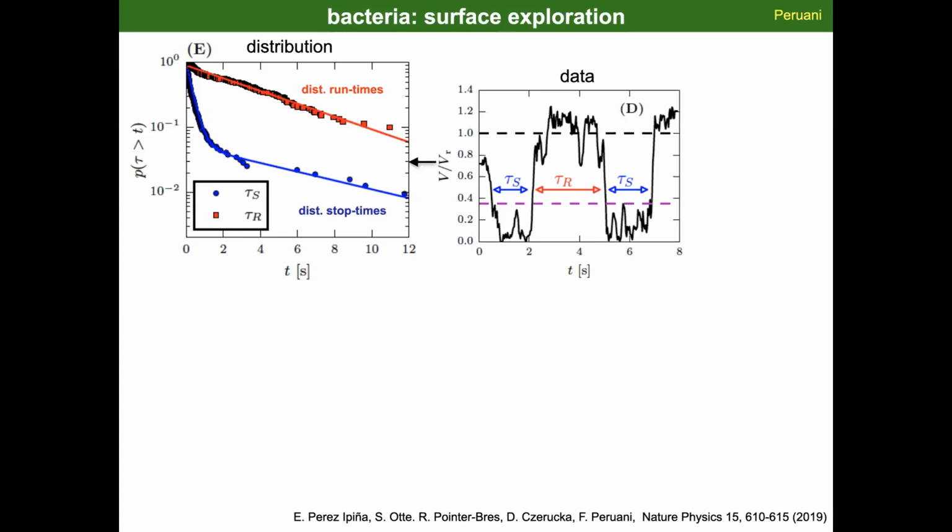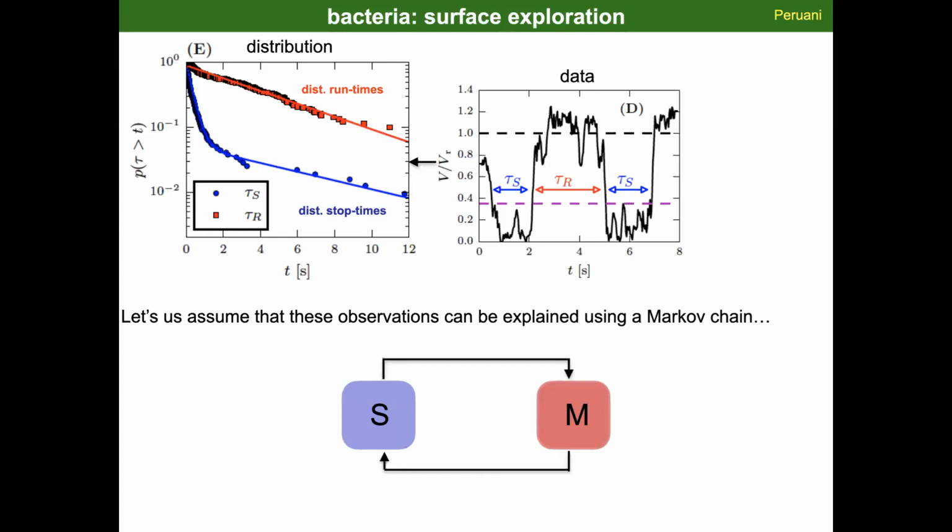So now, since we are talking about two regimes, basically the bacterium moving and not moving, one can have a kind of naive perspective of the problem and say, okay, I'm going to use a Markov chain and assume that there are two states that I can use to describe the system. Either the bacterium is in the state S, meaning it's stopped, or it's moving, and that's it.